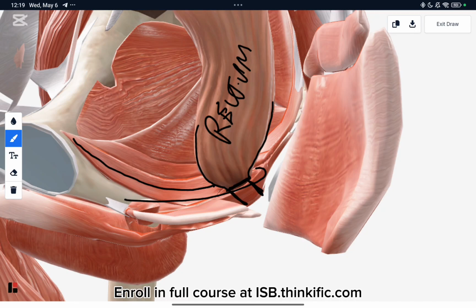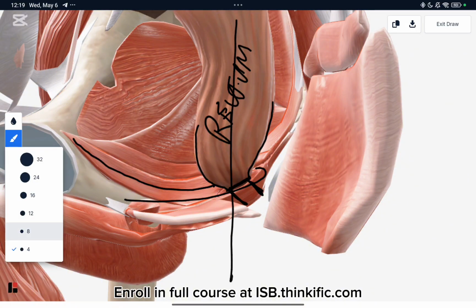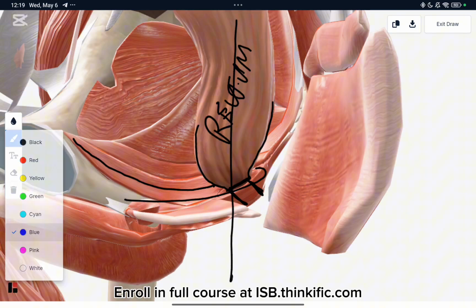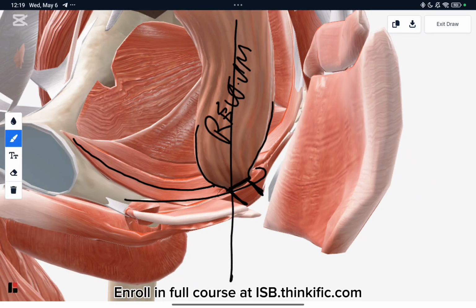This is the long axis of the rectum, and this is long axis of anal canal. So there's an angle created between the long axis of the rectum and the long axis of the anal canal.